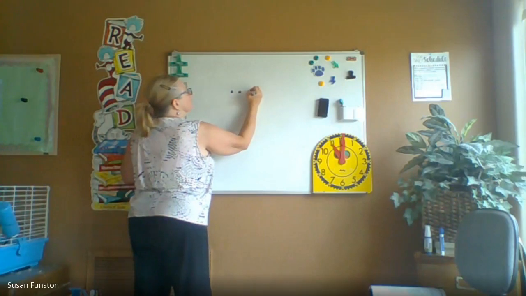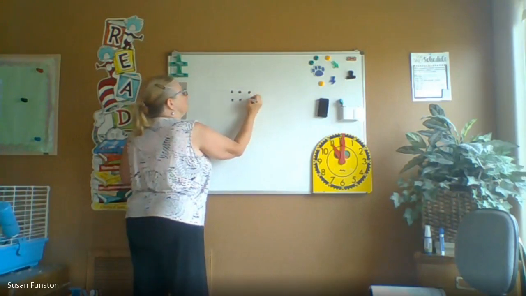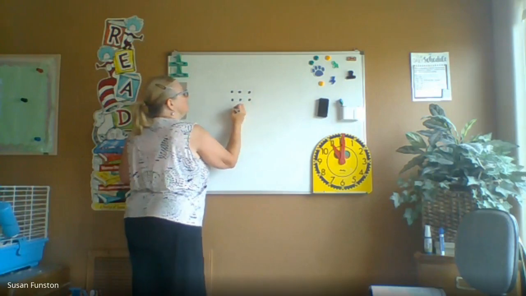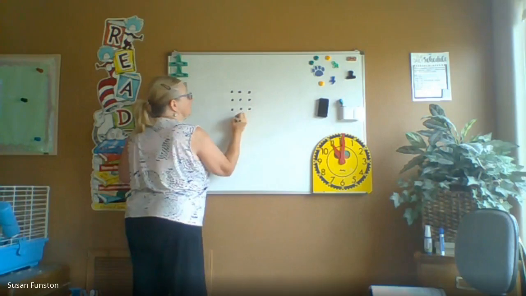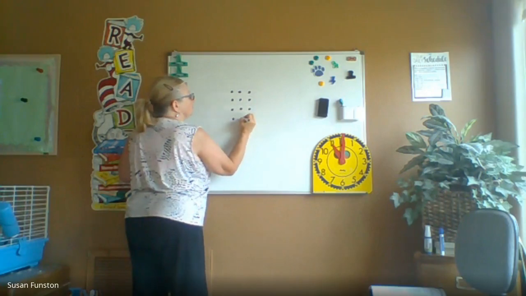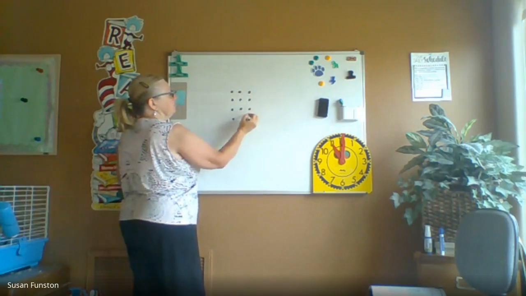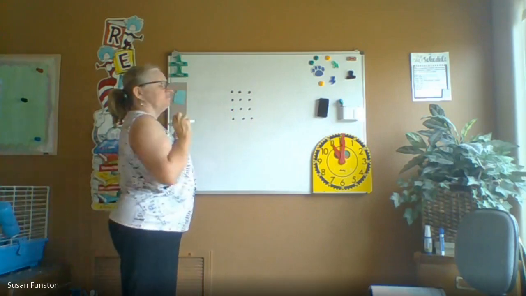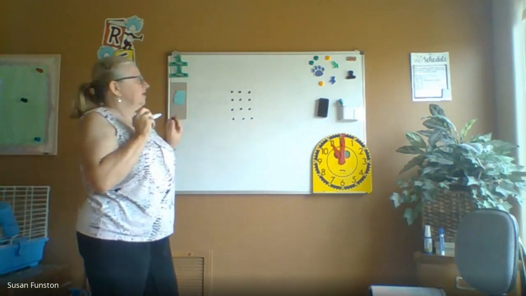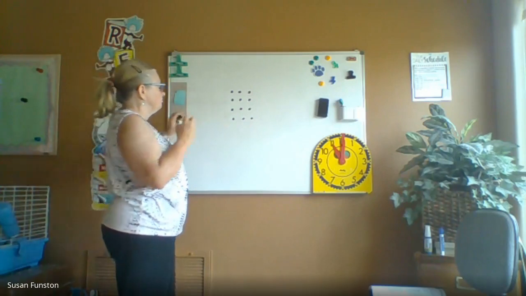So there's 1 group of 3, 2 groups of 3, 3 groups of 3, and 4 groups of 3. Okay, so this is a group of 3, a group of 3, a group of 3, a group of 3. So 1, 2, 3, 4 groups of 3. So I can add each row, 3 plus 3 plus 3 plus 3.